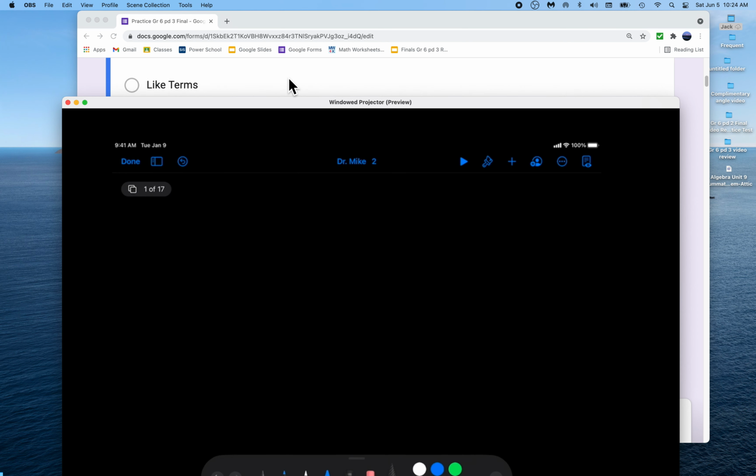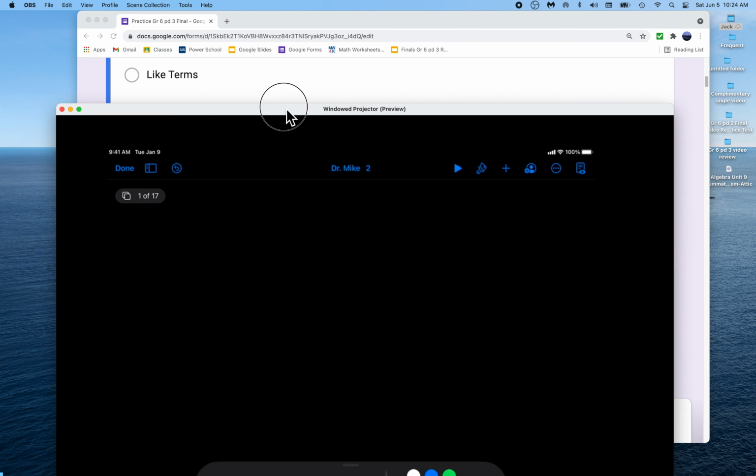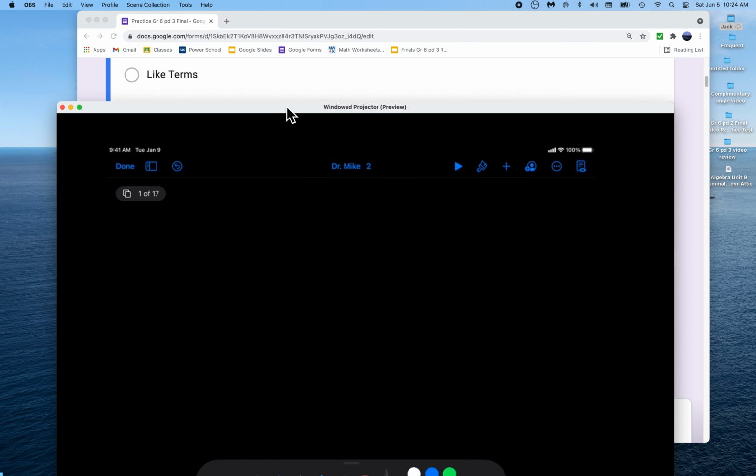Next one. Like terms. Okay, a like term is when the variable and the exponent are exactly the same.